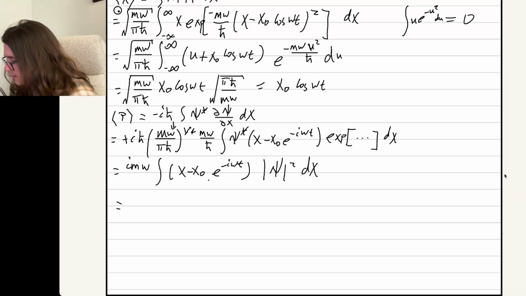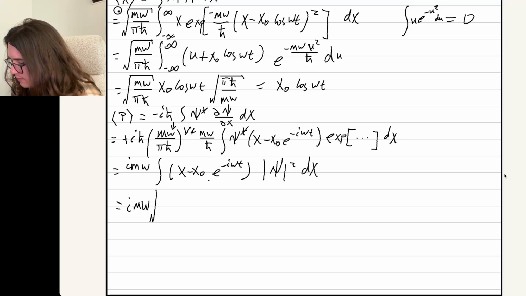Funny stuff. We'll just expand the definition of the mod squared now. So we have the square root of m omega over pi h bar here again.